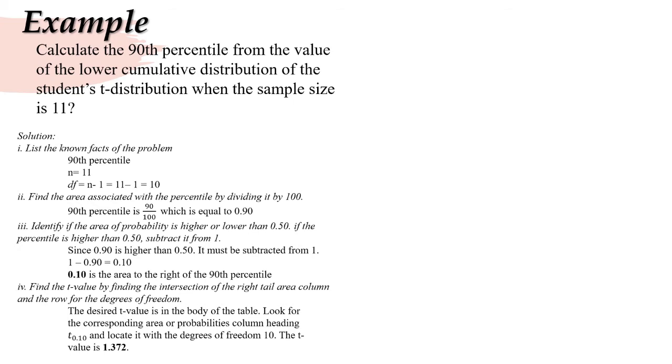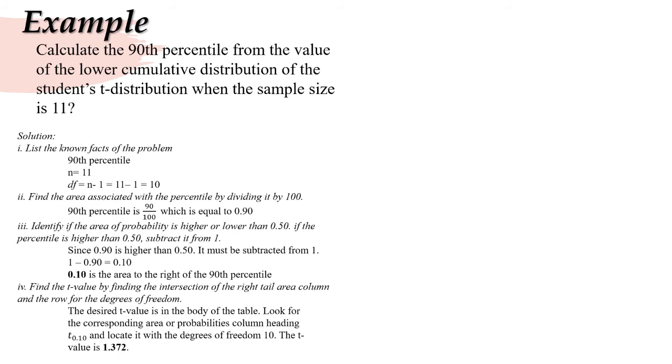If the percentile is higher than 0.50, subtract it from 1. Since 0.90 is higher than 0.50, it must be subtracted from 1. Therefore, we have 1 minus 0.90, that is equal to 0.10. 0.10 is the area to the right of the 90th percentile.